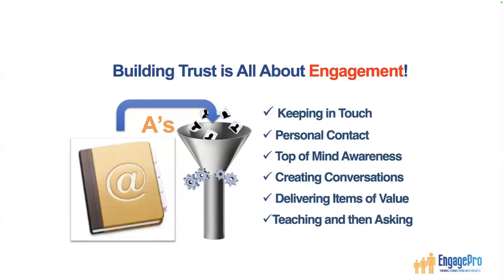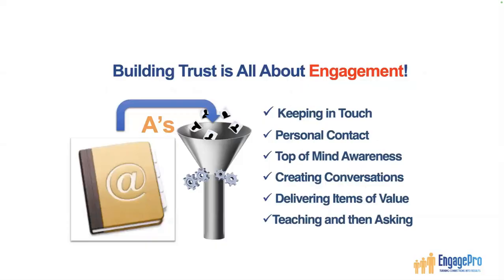You're going to be delivering, remember this, items of value, content about what they're interested in, articles, website links. And then as you're doing that every other week with an individual or the A-list group, after a couple of intervals, you're going to start teaching and asking.